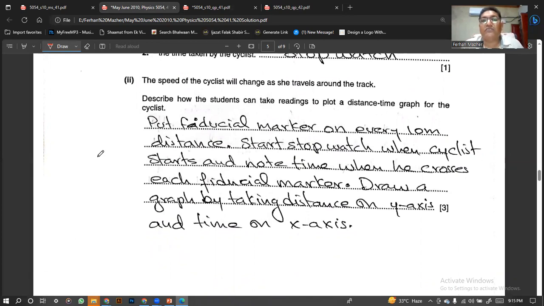Put a fiducial marker at every 10-meter distance. Start the stopwatch when the cyclist starts, and note the time when he crosses each fiducial marker. Draw a graph by taking distance on the y-axis and time on the x-axis.